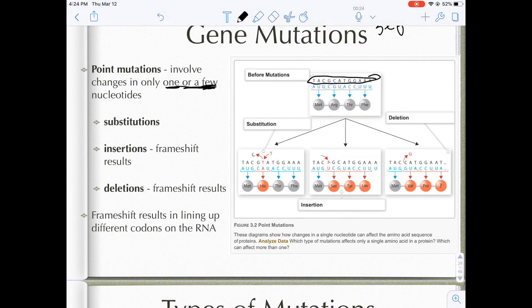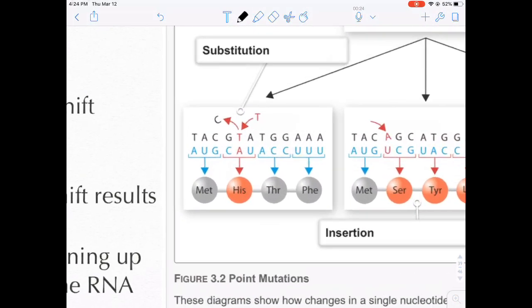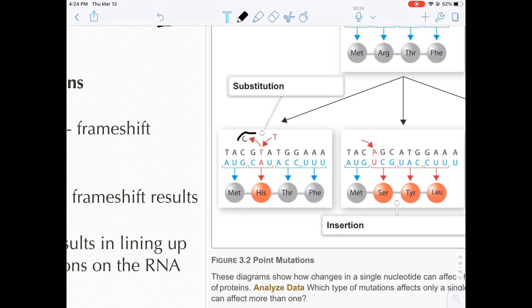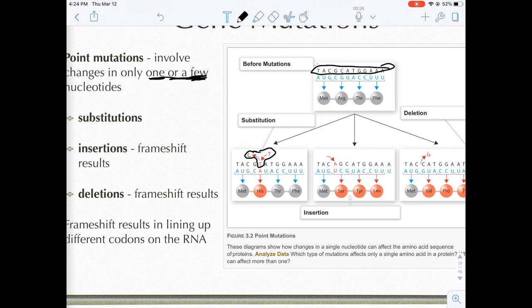So in a substitution, just like you think of the word substitute teacher, this was supposed to be a C, but a T was put in instead. So that's a substitution mutation.